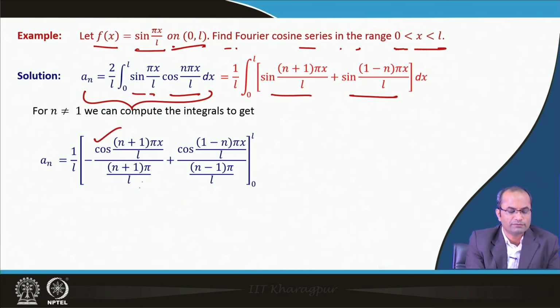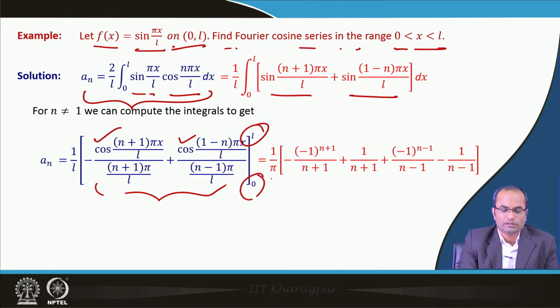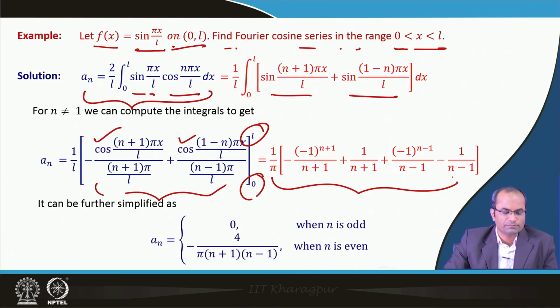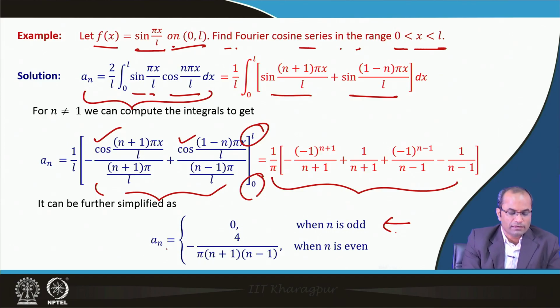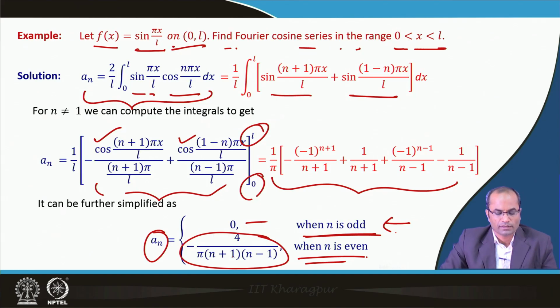So, with the sine we have the cosine term, here also we have a cosine term, and so this was the integral, and then we put the limits 0 to L, which comes out to be such an expression, which can be simplified to get these values of a n. So, a n will be 0 when n is odd, and when n is even, this simplifies to minus 4 over pi times n plus 1 and n minus 1.